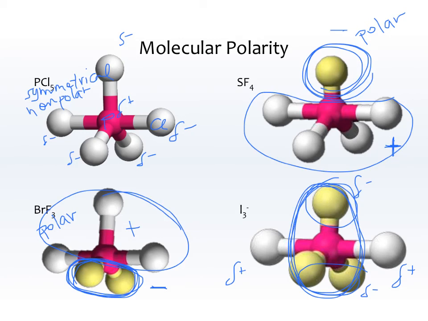There is total symmetry here, even though it has lone pairs. This linear molecule is non-polar. Even though it has lone pairs, the lone pairs themselves are arranged symmetrically, and this linear molecule is non-polar.